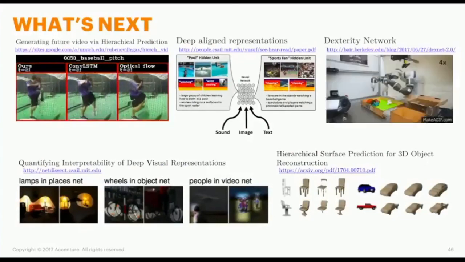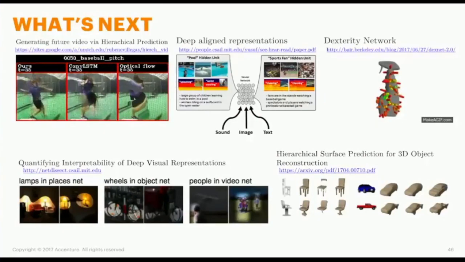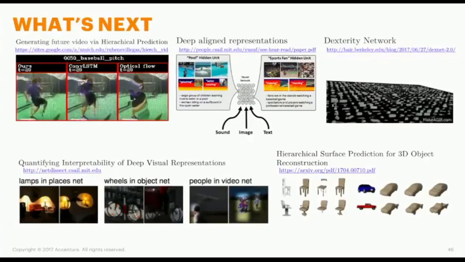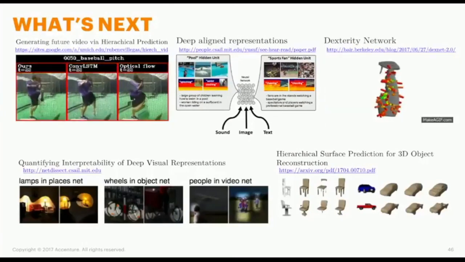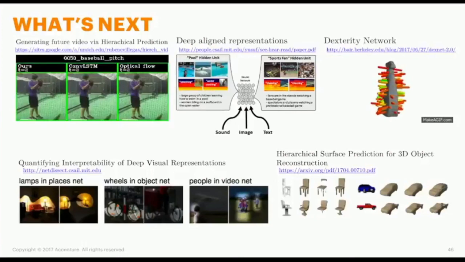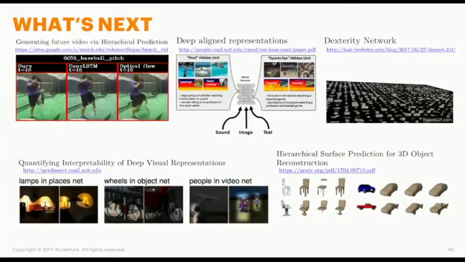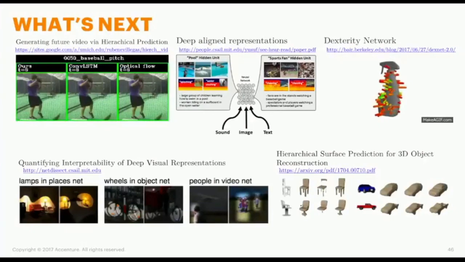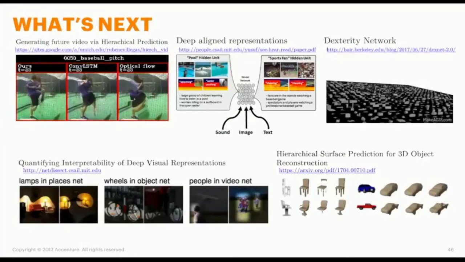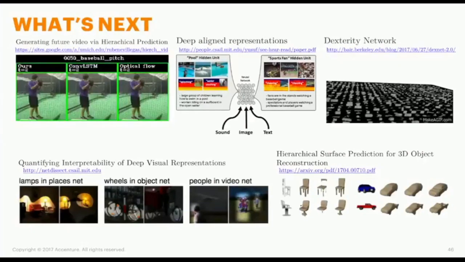So in terms of what's next, I think this is all stuff that came out within the last 3 months. The one on the top left is by a student called Carl Vondrick. I think he's a PhD or postdoc at MIT. And it's all about predicting, and generating, what the future of an image sequence might look like. So in this scenario, the green frames are effectively what the computer sees, and the red frames are what the computer generates.